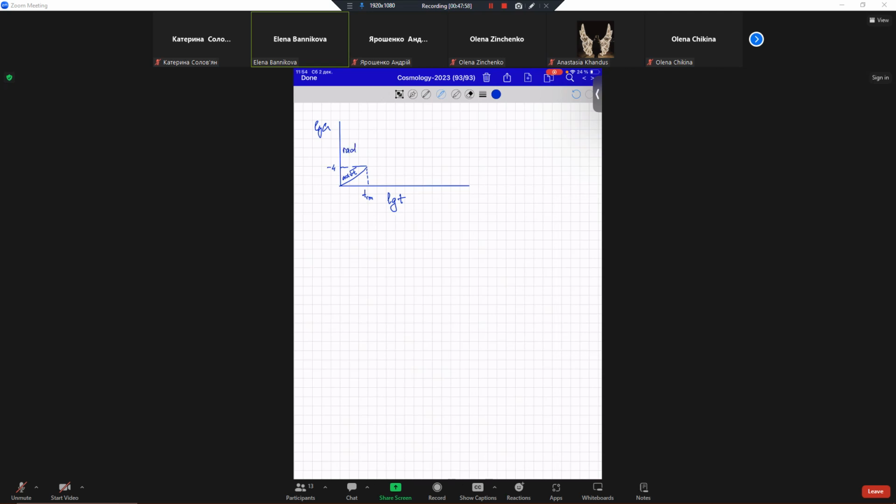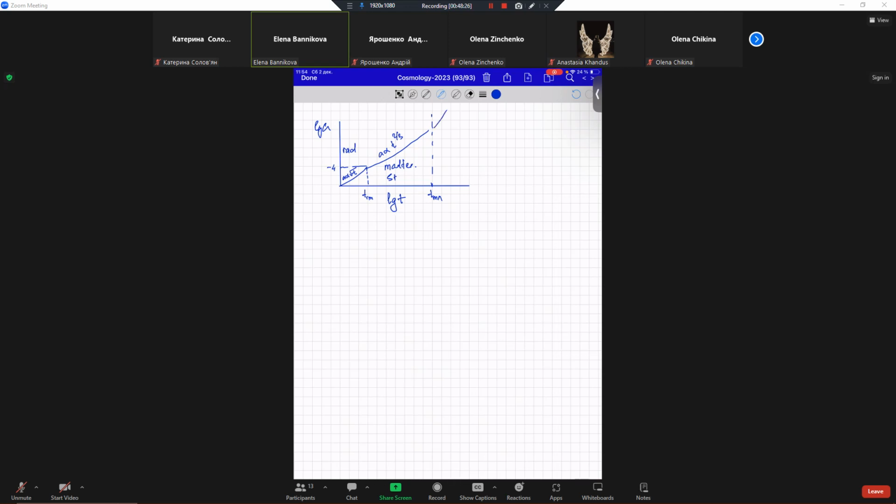After this, we have the stage up to t_m lambda. It's not so beautiful because I will not have space for the next stage, but you can do it better. So this is the matter stage.